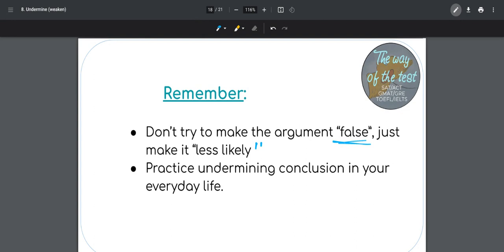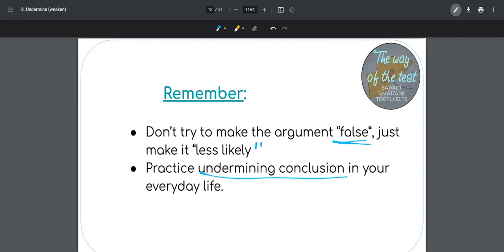Another good thing for you is to practice undermining conclusions in your everyday life. Maybe you already like to do this. You don't have to do it out loud, but when somebody tells you something, when you're watching the news, or listening to your teachers or friends talk, we all make logical mistakes. When we speak, when we think, when we reach conclusions, we kind of reach weak conclusions from time to time.